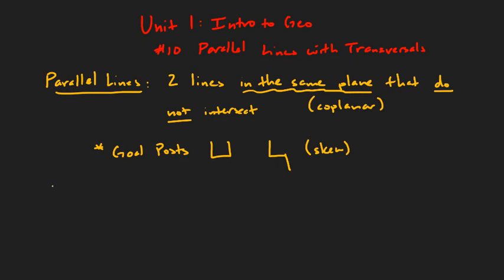Now, let's talk about what it means to be a transversal, because aside from parallel lines, for all this to work, you have to have a third line called a transversal.